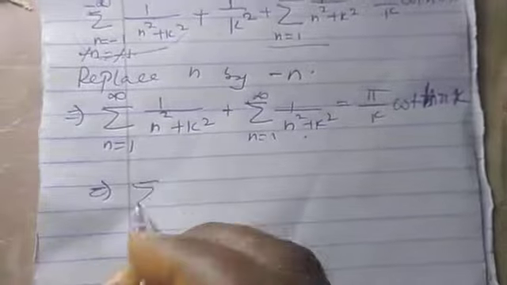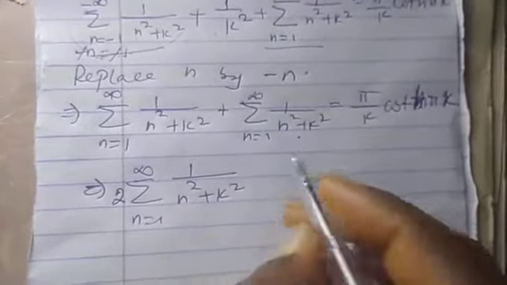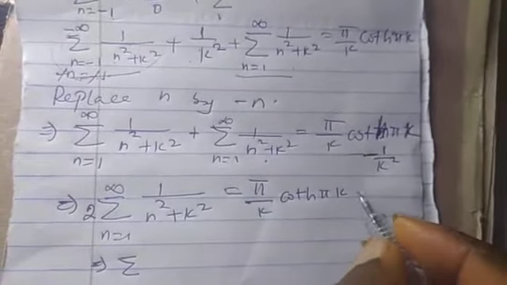So I can write it as summation n runs from 1 to infinity. So it is 2, they are the same thing. 1 over n squared plus k squared is equal to pi over k coth pi k. Sorry, don't forget that there is the 1 over k squared that we brought across, so it will be minus 1 over k squared.